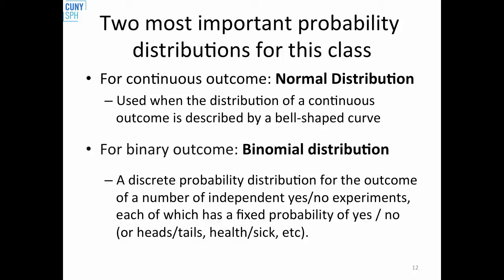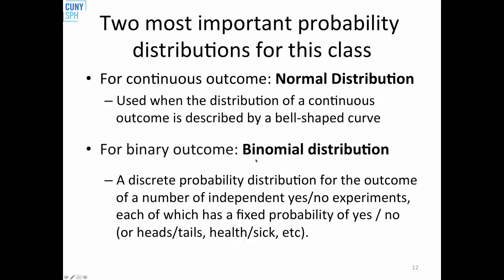The two most important probability distributions for this class will be the normal distribution, this bell-shaped curve, and its cousin, the t-distribution, and for binary outcomes, the binomial distribution. And we'll be doing plenty of testing and calculation of probabilities with both of these.